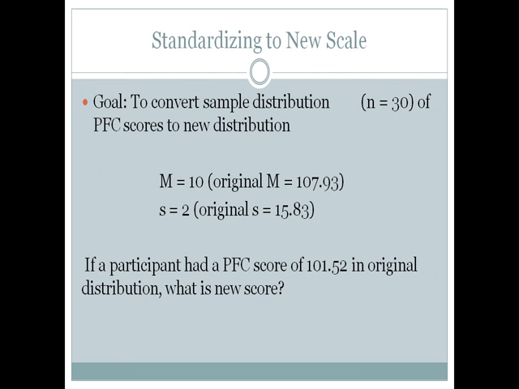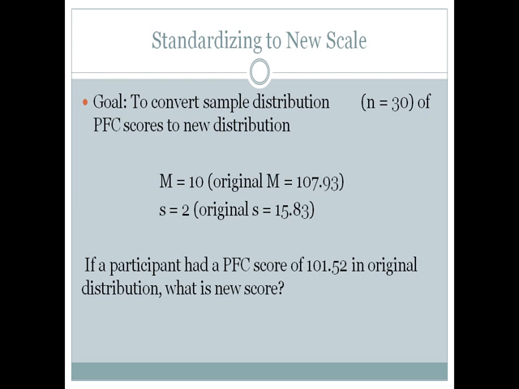But we know that our original distribution had a mean of about 108 and a standard deviation of about 16. If a participant had a PFC score of a raw score of 101.52 in the original distribution, what is their new score?